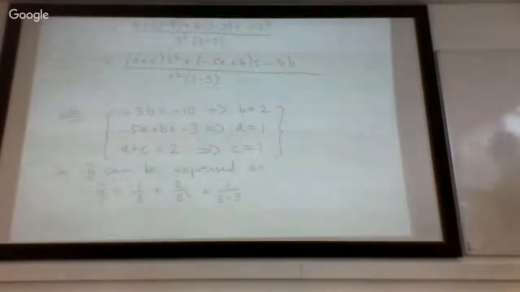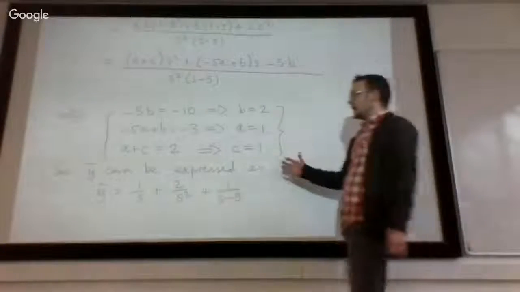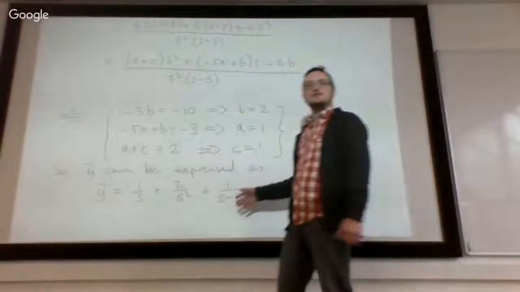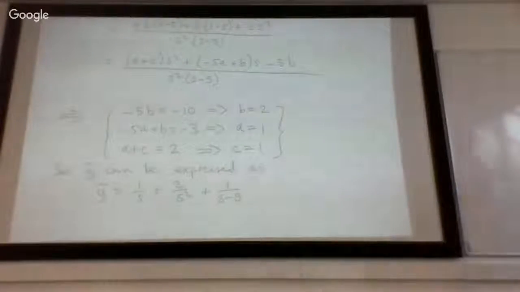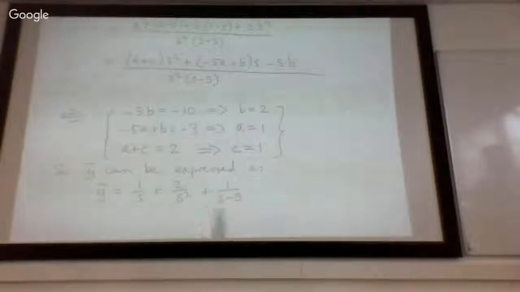So this is our final solution for y bar, and it's ready and waiting to have its inverse transform taken, okay? Because we have it as a linear combination of 3 functions of s, each of which is contained in the table of Laplace transforms.